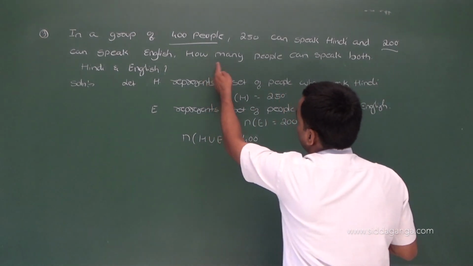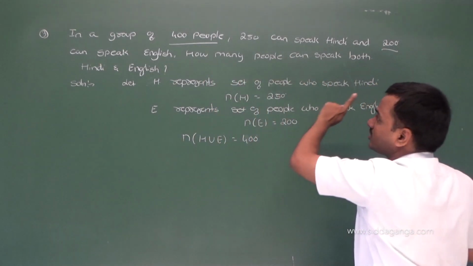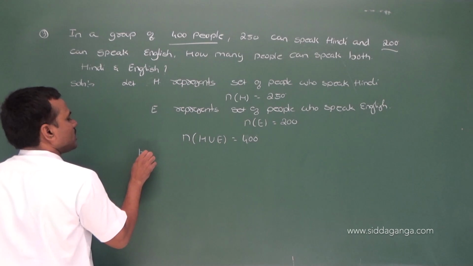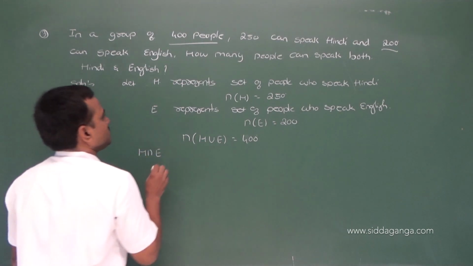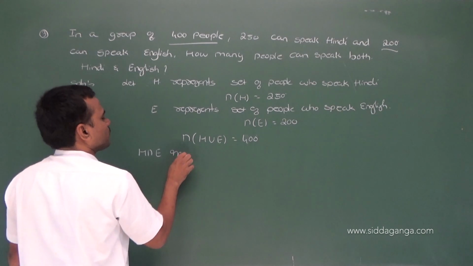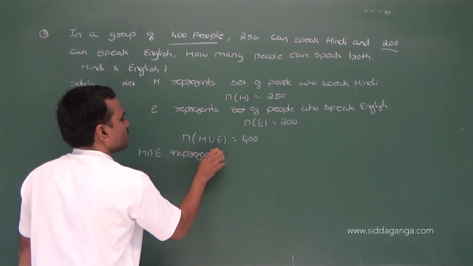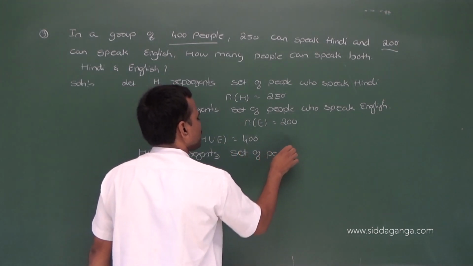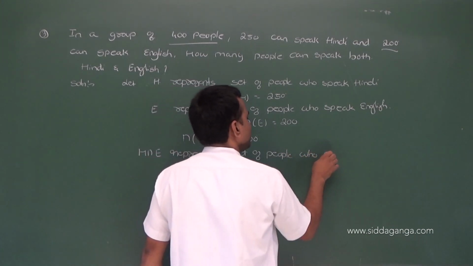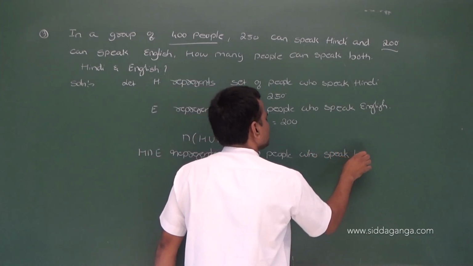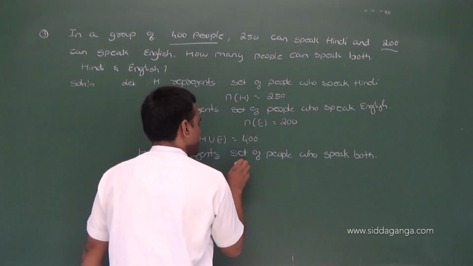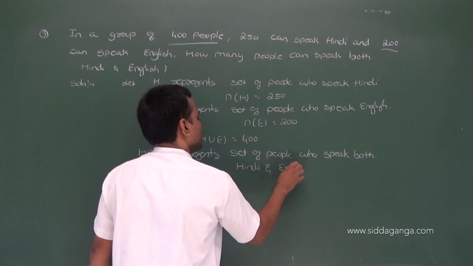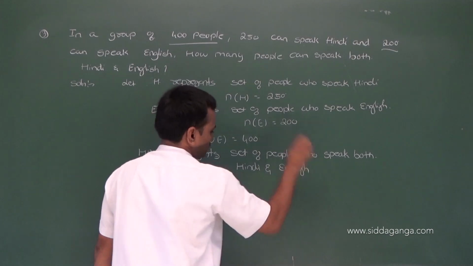What does he ask? How many people can speak both Hindi and English? So that means H intersection E represents the set of people who speak both Hindi and English.